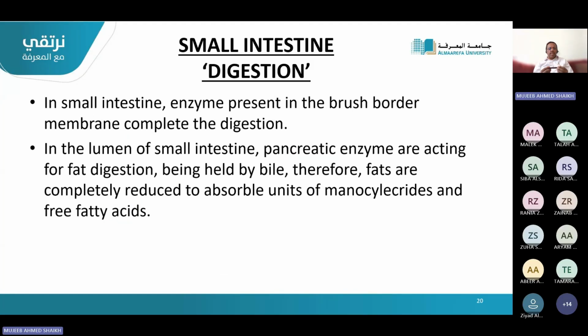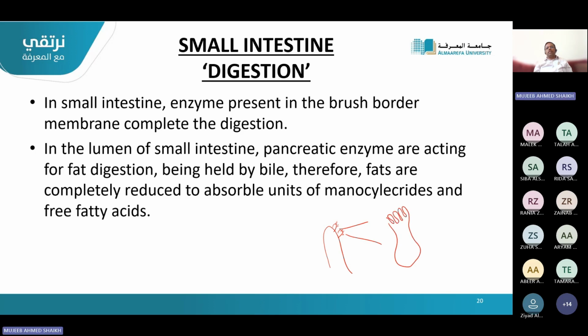So small intestinal digestion, the third part of digestion we discuss in each area. In the small intestine, enzymes are present on the brush border. This is the villus. On the villus, there are epithelial cells with finger-like projections. If you enlarge this area, you will see one cell with finger-like projections.